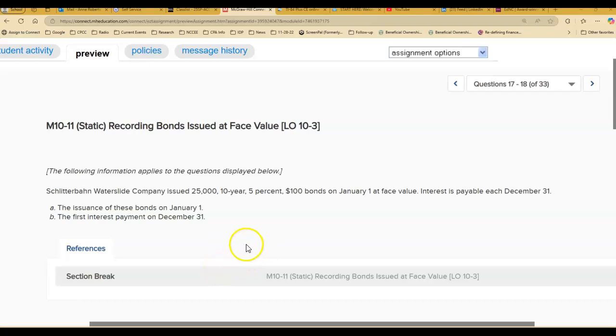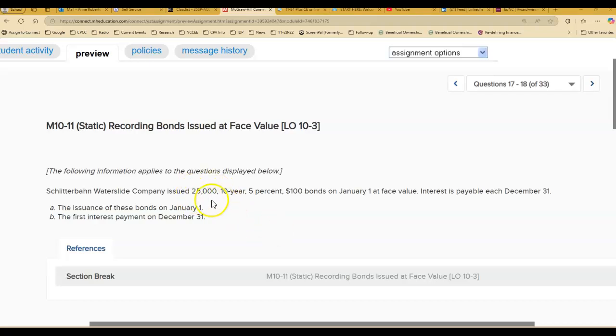So, when we issue the bonds, how much are we getting? How much are we collecting, or how much total bonds are we issuing? Good, $2.5 million, right?